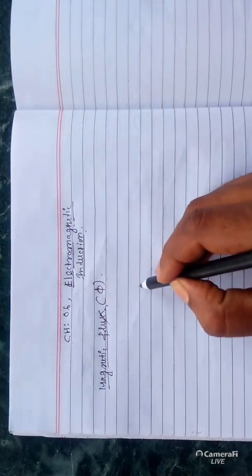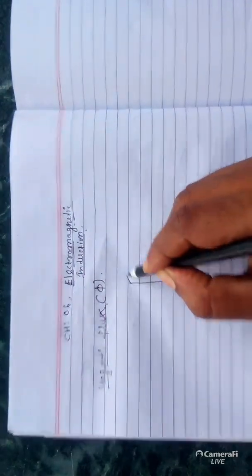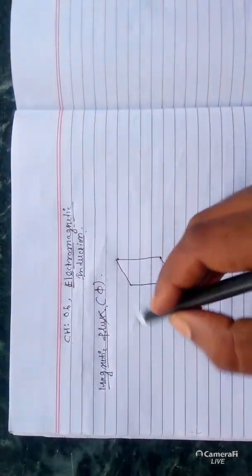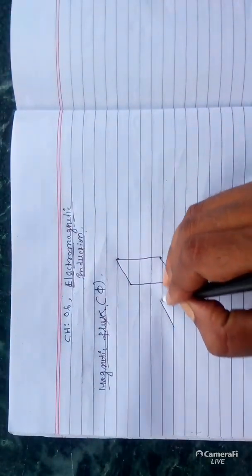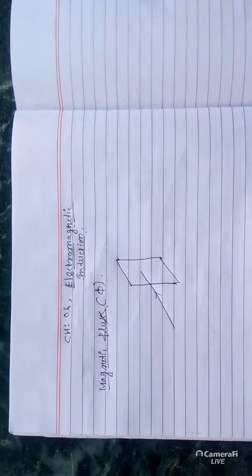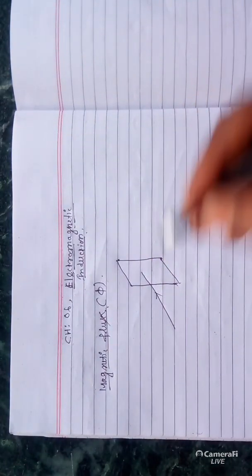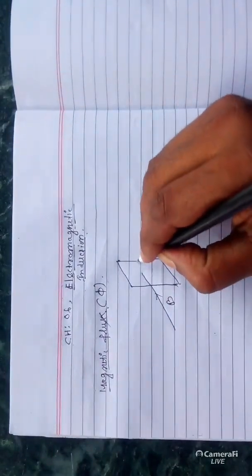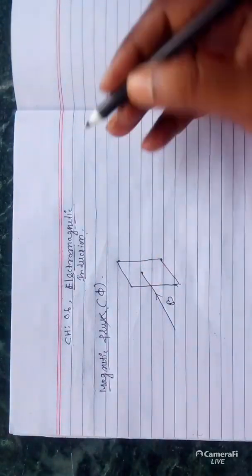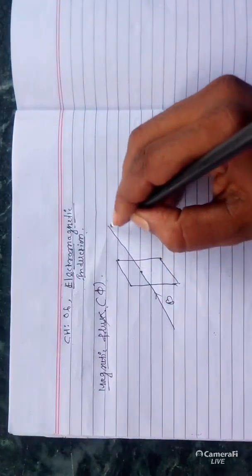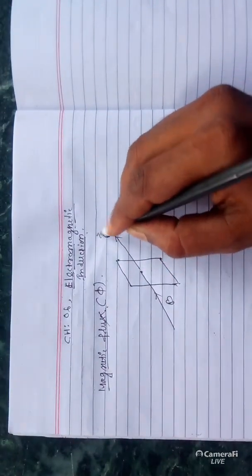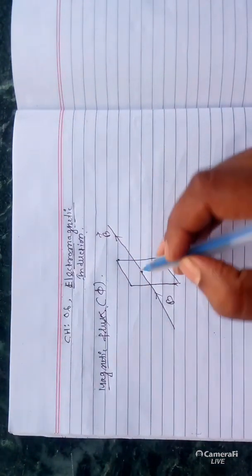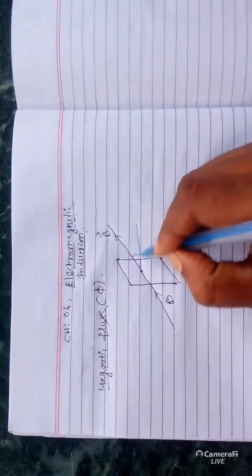That means, suppose this is a plane and a magnetic field vector is along this direction. So, this is the magnetic field B. If we take the right hand side, the magnetic field will pass along this surface in this direction, and the normal component of this magnetic field through this surface is what?